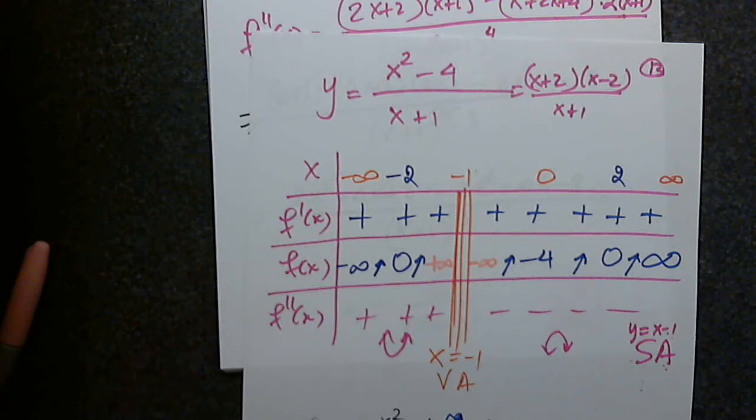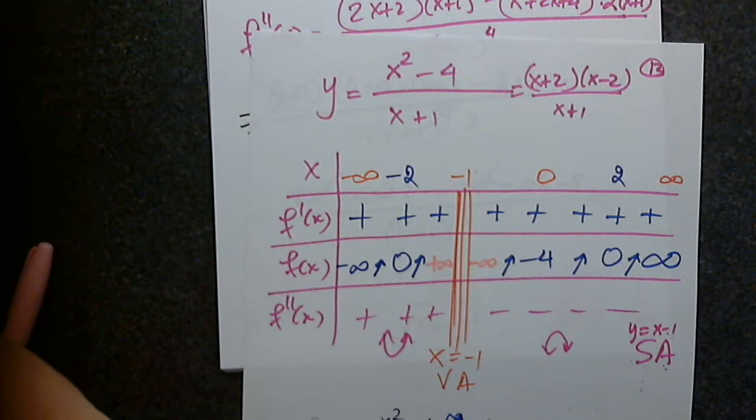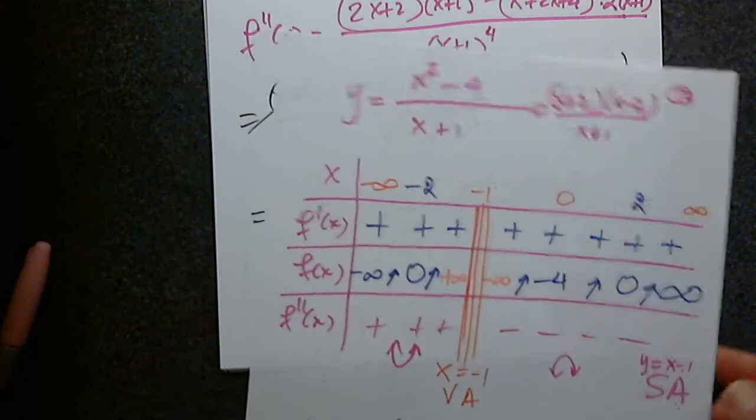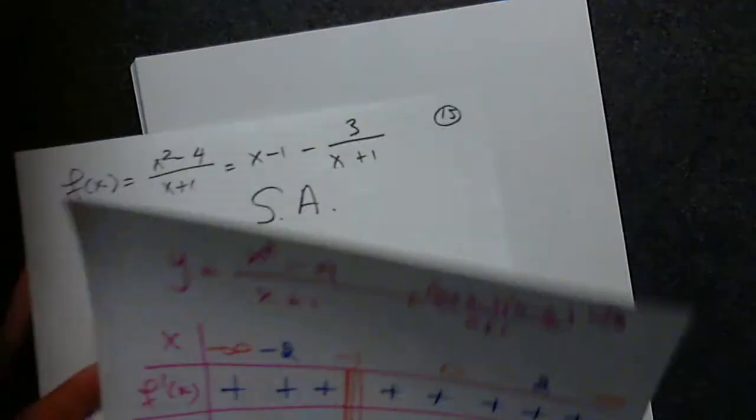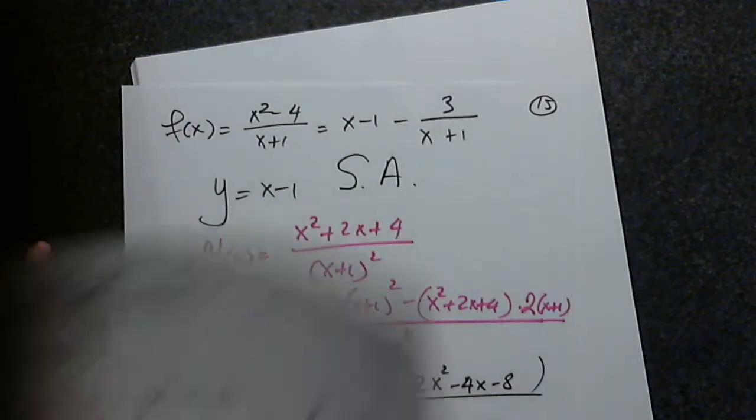We will graph the slant asymptote, which is x minus 1, and then the rest. Ready? Oh, I thought I skipped 14, but no, I didn't. There was a page on the side. Okay. Ready?